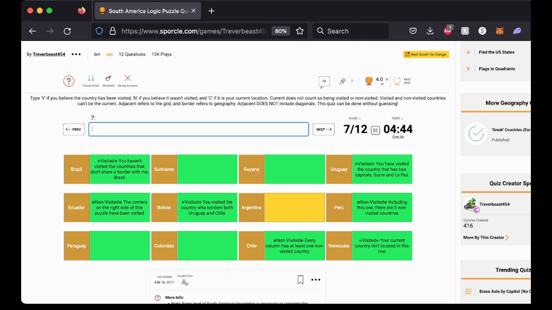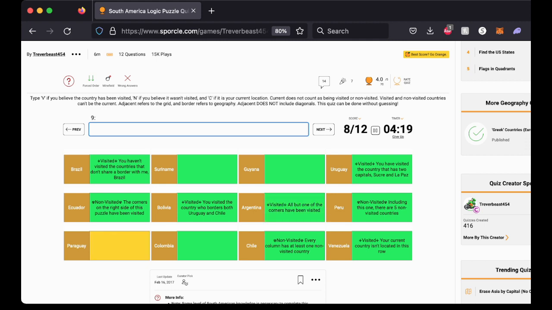Every column has at least, okay, so we can't do anything with Paraguay yet. You visited the country that borders both Uruguay and Chile. So that would be Argentina, so that'd be visited.